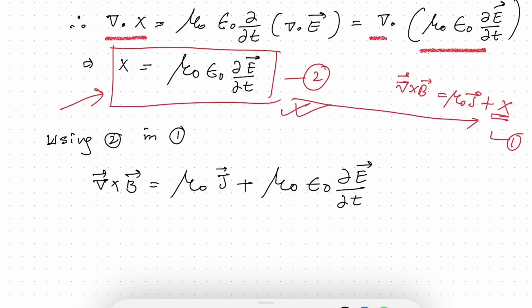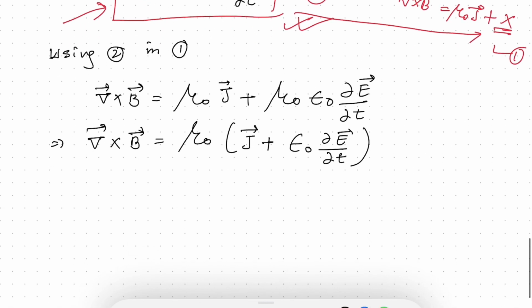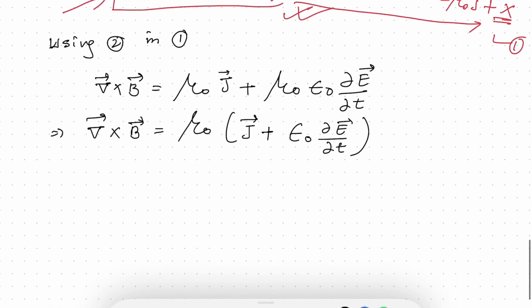Here you can take mu naught common, then the equation becomes mu naught times J plus epsilon naught del E by del t. So this is the modified Ampere's law.